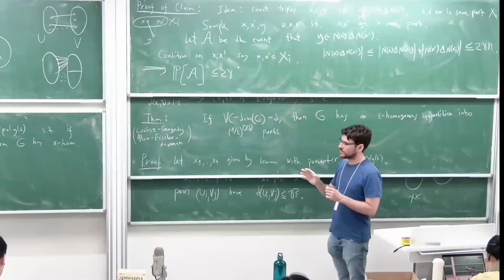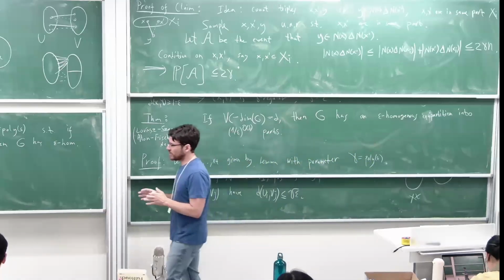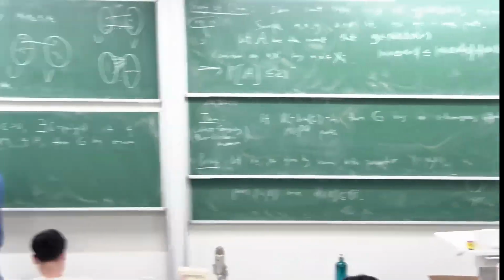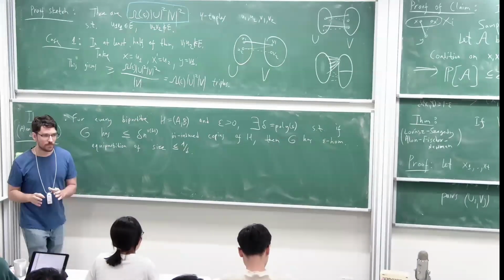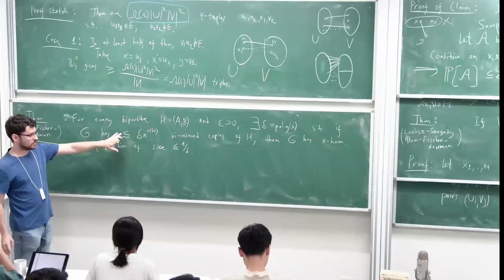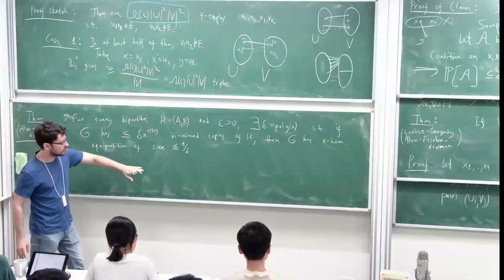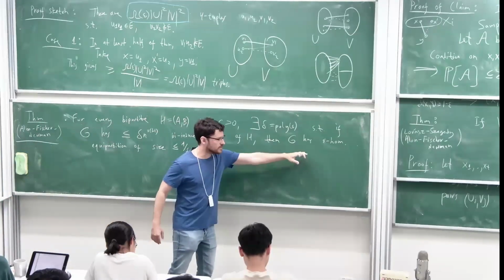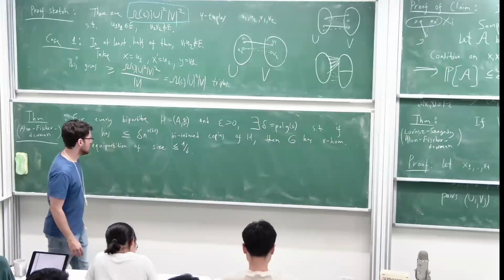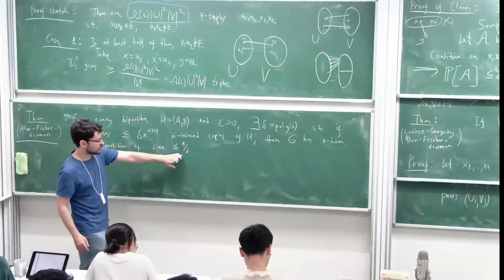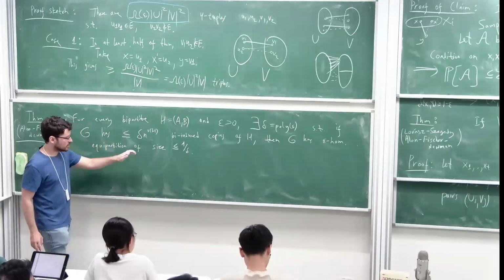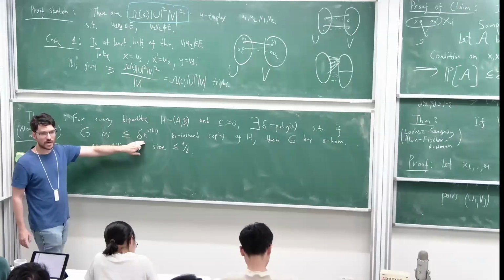That means that there is some H such that we have 0 bi-induced copies of H, so no copies whatsoever. But here we allow some copies, right? So the conclusion is the same: we have an epsilon homogeneous equipartition of polynomial size, but the condition here is weaker. We allow some bi-induced copies.